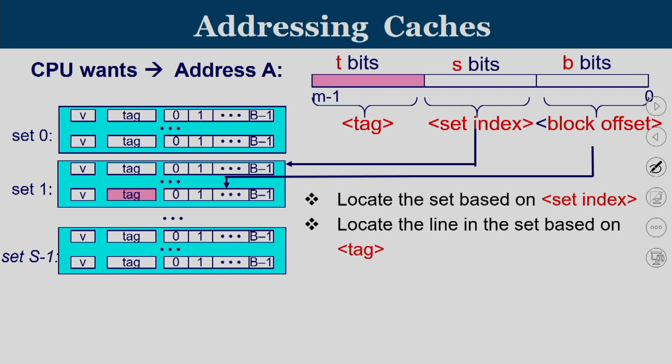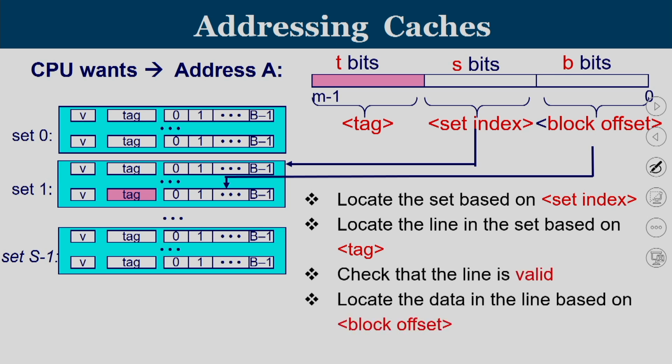To extract the data you use the offset bits. So, your valid bit should be 1, your tag should match, and you apply the offset to get the data.